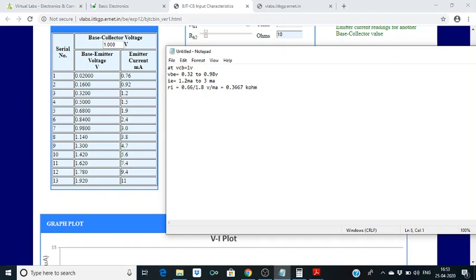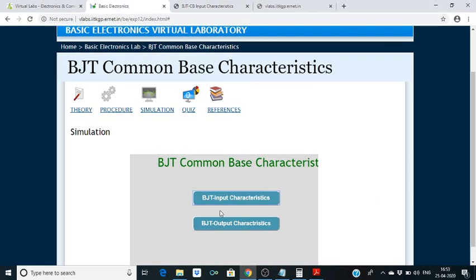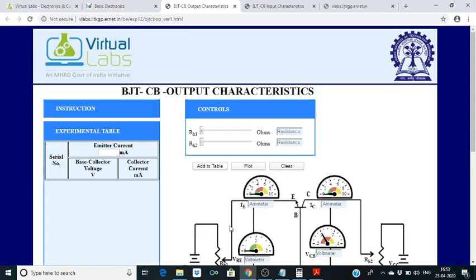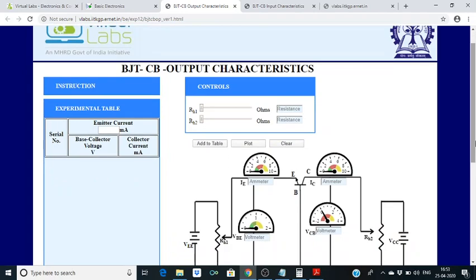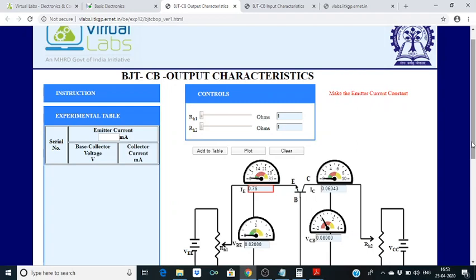Now for the output characteristics, we will go back here and plot. First of all we will make both of these rheostats to 1, and in this case we will maintain a constant IE, and plot the graph between output voltage VCB and output current IC.